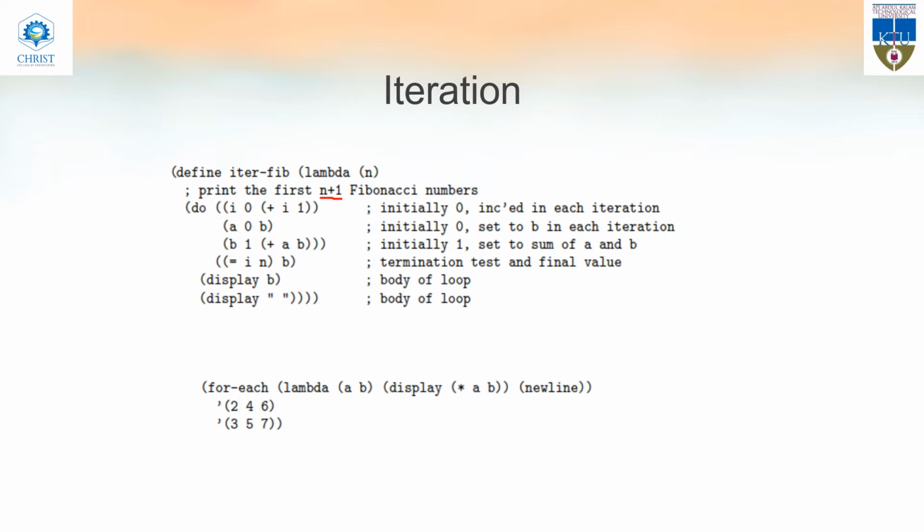After that we check the condition. This is the termination test: I equal to n, and the final value is B. In each loop we display B followed by a space. So this is for the Fibonacci series, and I hope you understood the program.